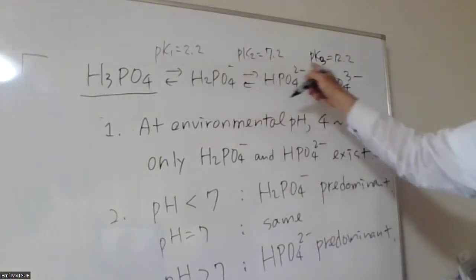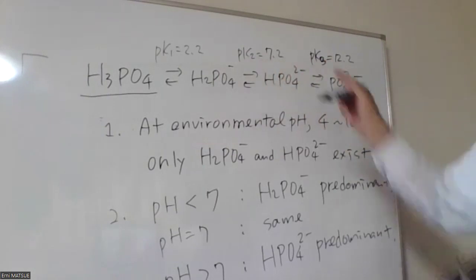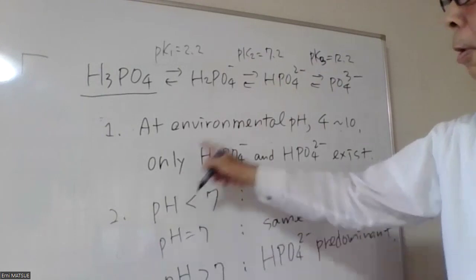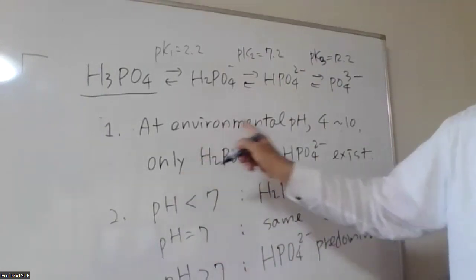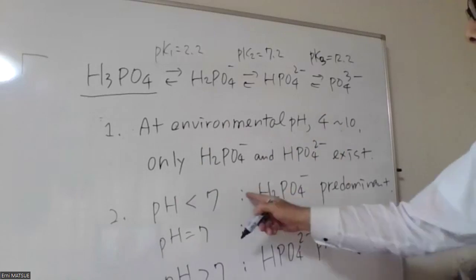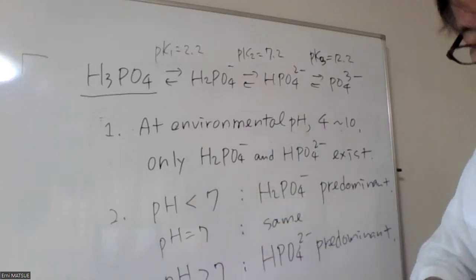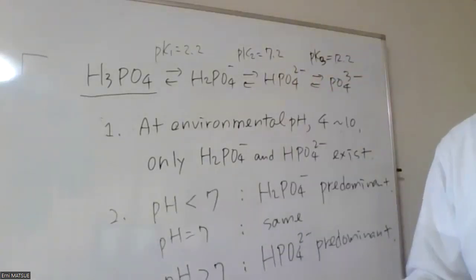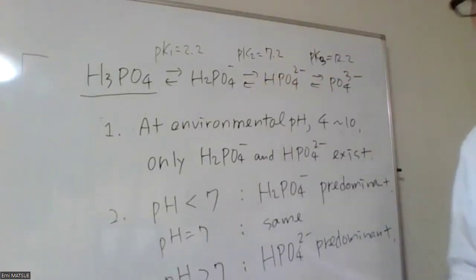From the pK1 to pK3 values, we can know the chemical species in our environment, depending on the pH. Okay, so that's all for the weak acids.